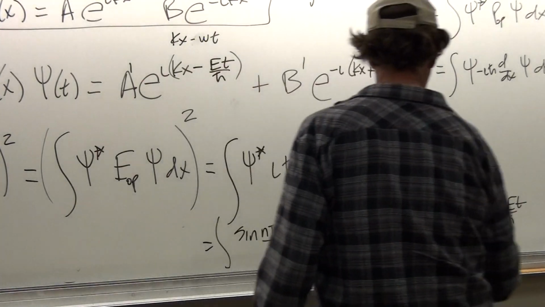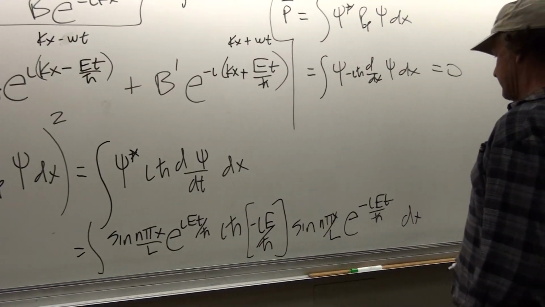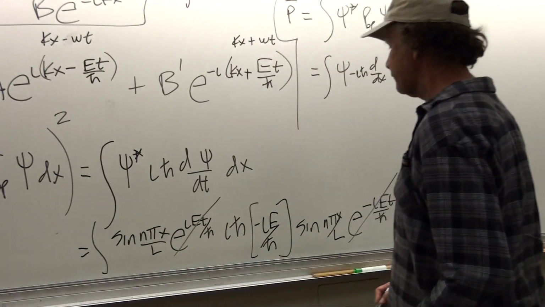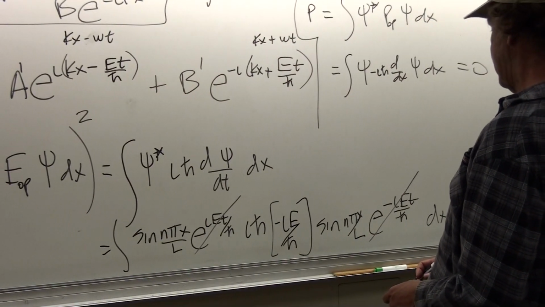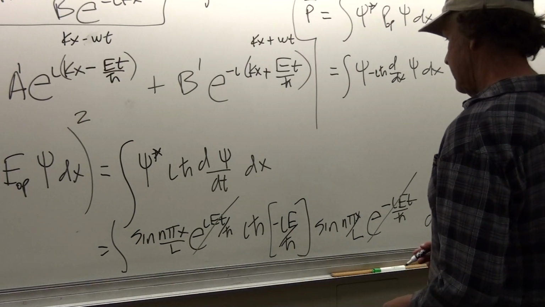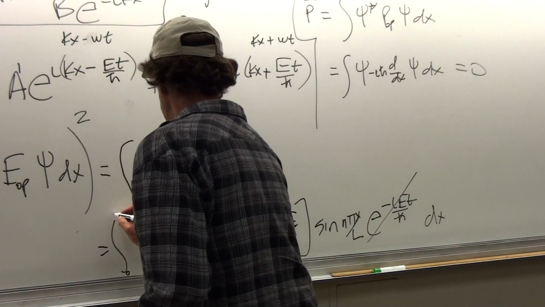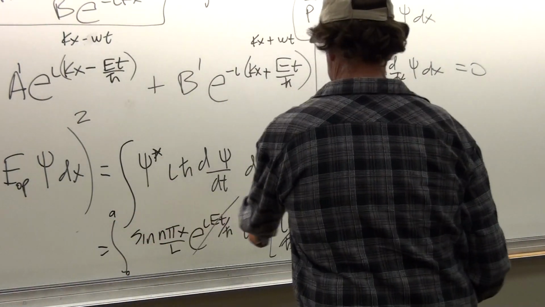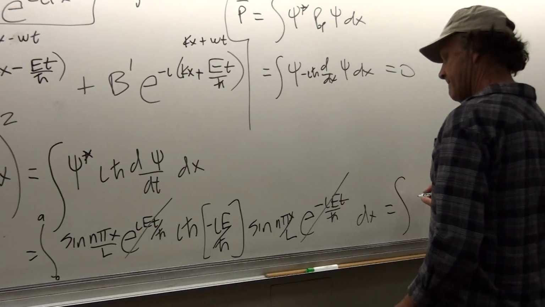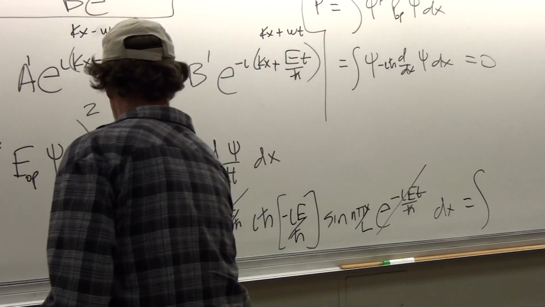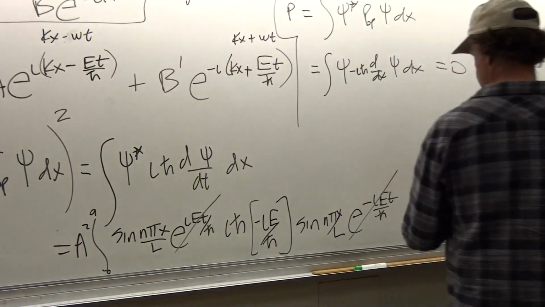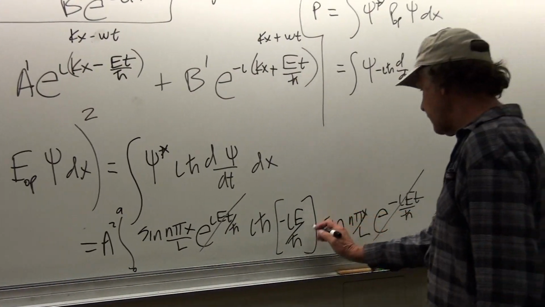We're integrating this over all x's. We see again that the time part cancels. And so what we end up getting here is just the integral from 0 to a of the sine squared of n pi x over L, and this should be times an A squared value out here. The h bars are going to cancel.